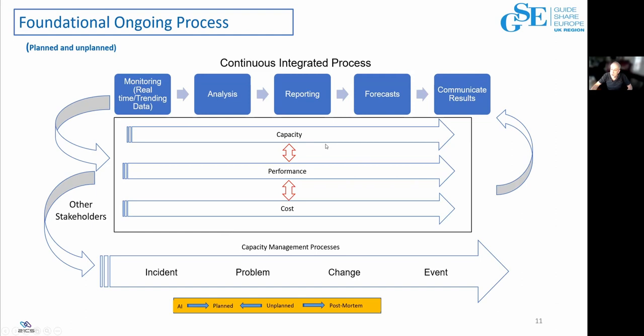I found in the past, whenever I was in a role doing capacity, performance, or costs, that many times the application folks were just interested in service levels and performance. On scalability, they felt it was unlimited.